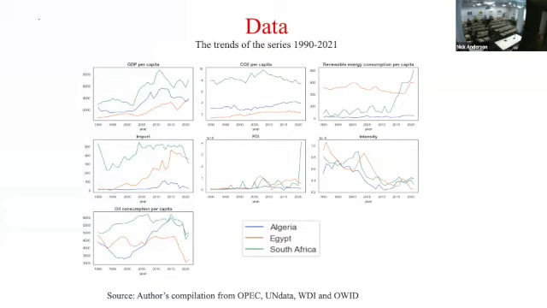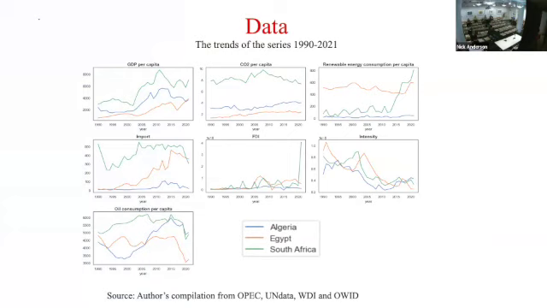These are the variables I'm currently working on. For the sake of time, I'll just talk about 2 of them. First, I want to say where the variables were retrieved and how they are measured. GDP per capita is measured in current US dollars. CO2 emission per capita is measured in tons per capita.